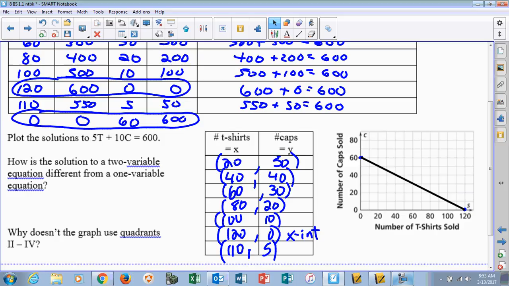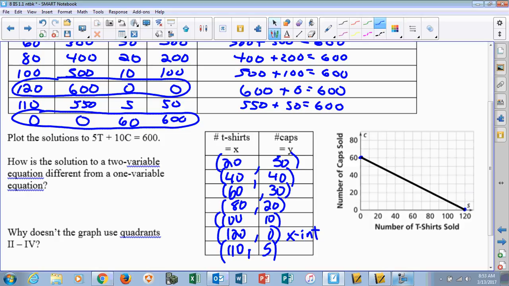So the question here asks, how is the 2-variable solution different from a 1-variable solution? Well, obviously the biggest difference is it has 2 variables, so there are 2 things we have to figure out. As you were solving up above, you had to come up with different combinations that equaled 600, and there were many.